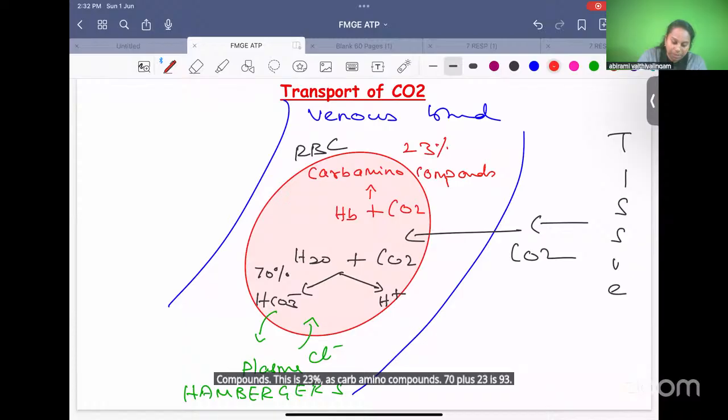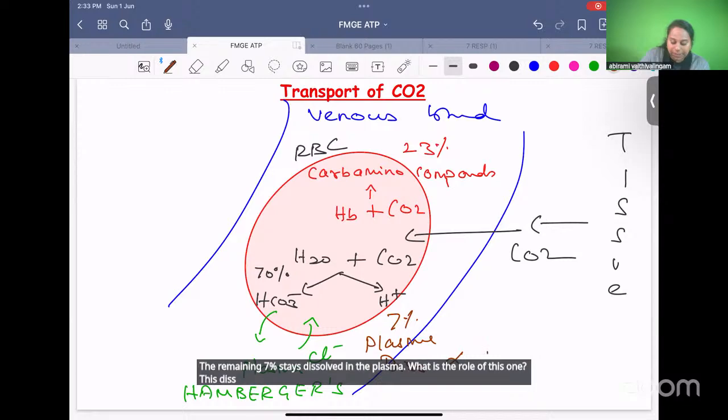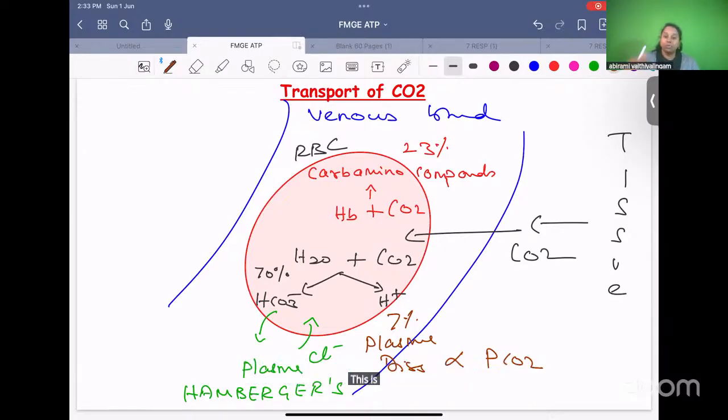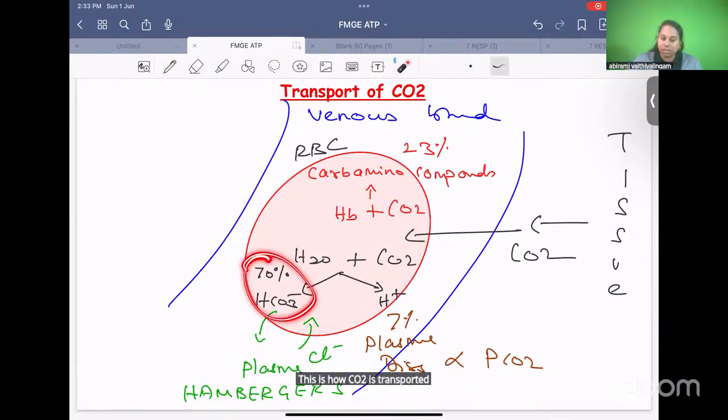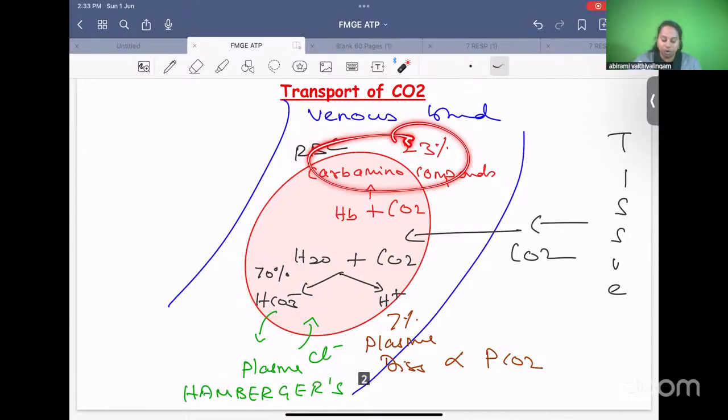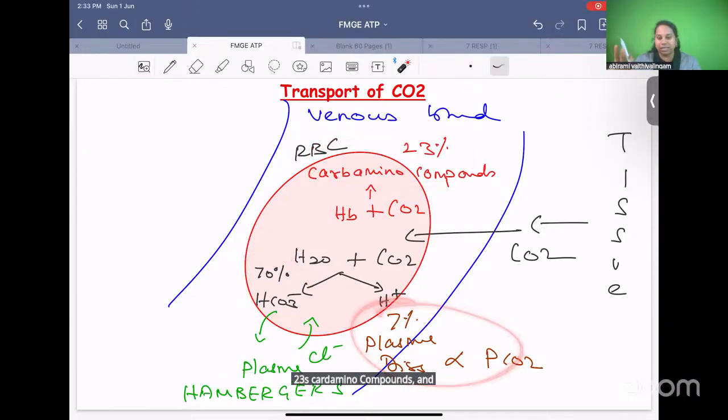The remaining 7% stays dissolved in the plasma. What is the role of this one? This dissolved form is directly proportional to partial pressure of carbon dioxide. This is how CO2 is transported. Major transport is 70% along with bicarbonate, 23% as carbamino compounds and 7% staying in the plasma.